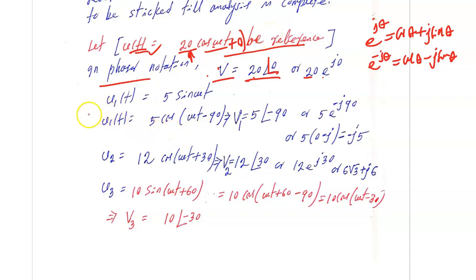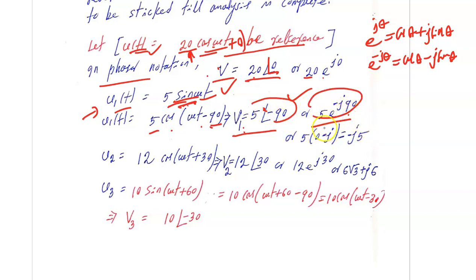Let us take another voltage, V1(t) equal to 5 sin omega t. So you have to manipulate this and convert it into the cos form, using the trigonometric relations. I can write 5 cos(omega t minus 90), which is the same as 5 sin omega t. In phasor notation this is 5 angle minus 90, or I can write 5 e raised to the power of minus j90. Both notations are the same.